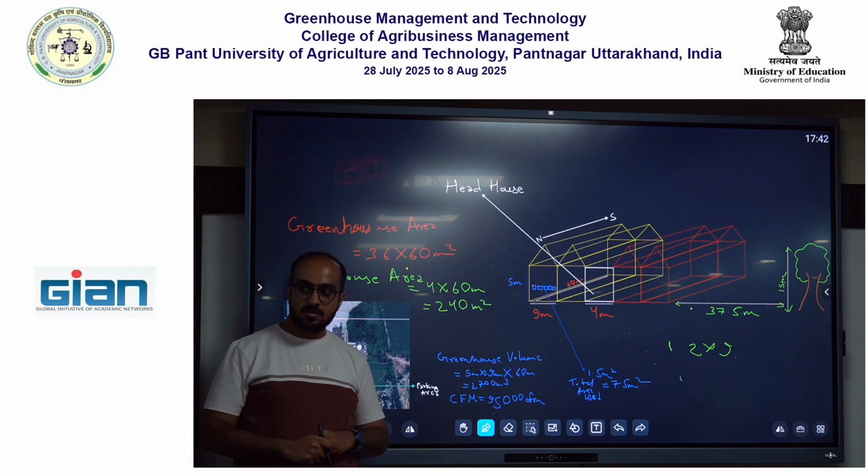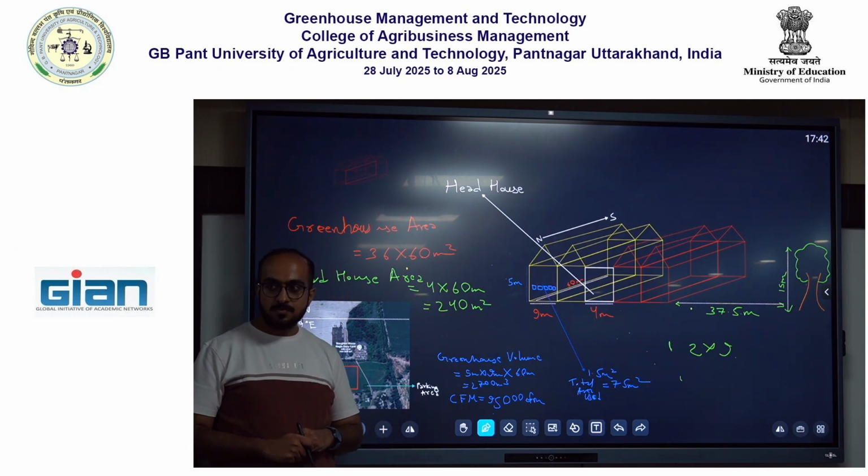Let's say the fan is 1500 watts capacity. It means if you run the fan for 1 hour, it uses 1.5 electrical units. If you run it for 10 hours a day, 15 units. And then you have 5 fans, 75 electrical units per day. Then you calculate per month. Those kinds of calculations will also be useful, and you can also show them.